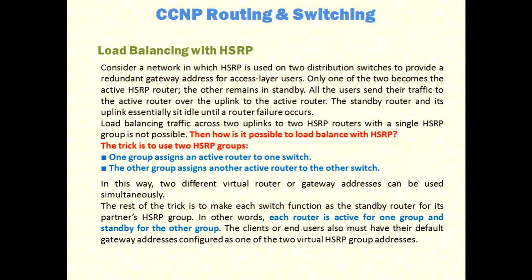Then one router becomes the active router for HSRP group 1 and the other router becomes the active router for HSRP group 2, which means each router is active for one group and standby for the other group. My recommendation: if you configure HSRP groups on several VLAN interfaces, it can be handy to make the group number the same as the VLAN number.